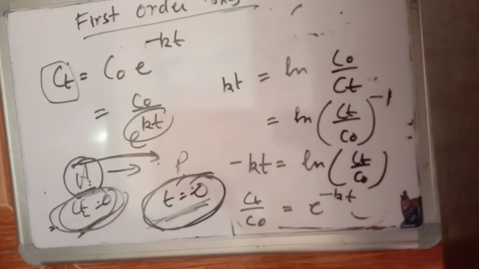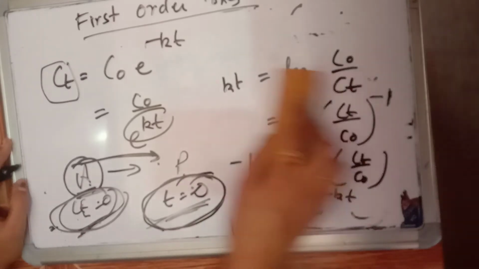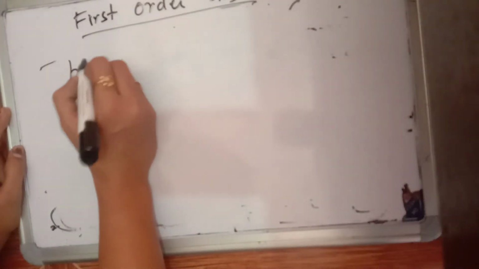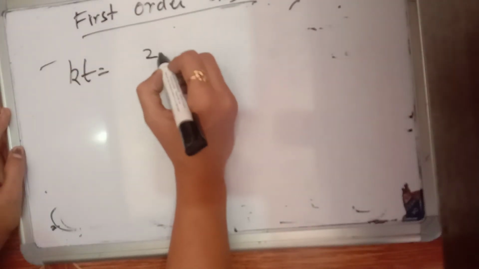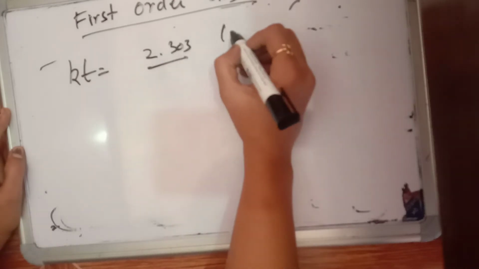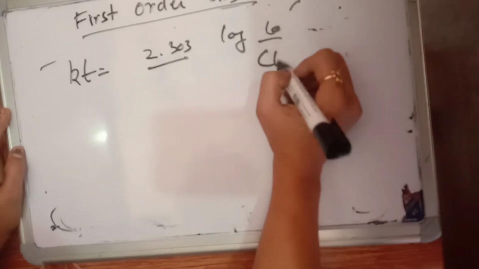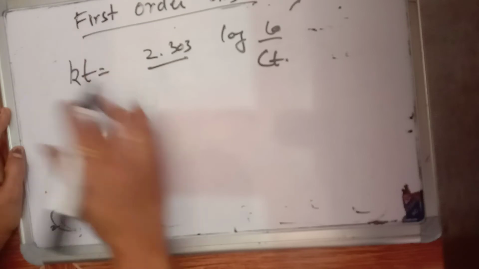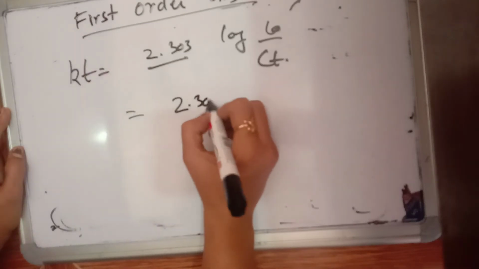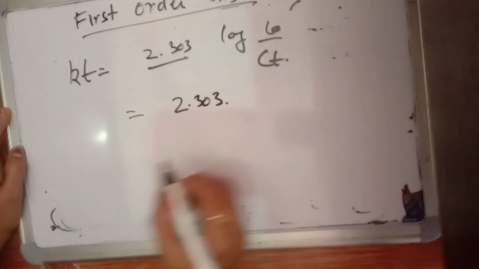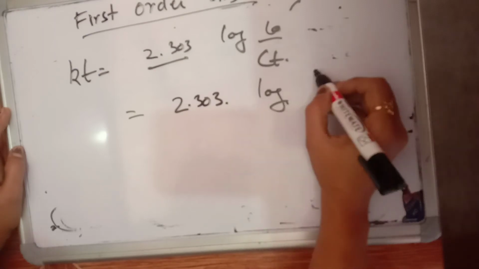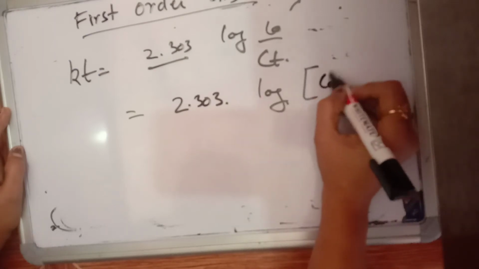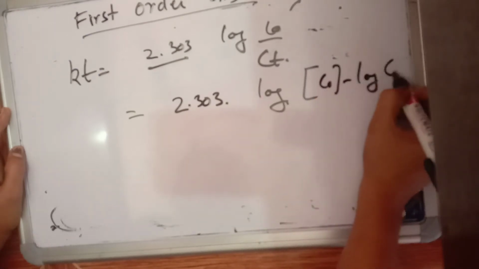So next characteristic of first order reaction is, now Kt is equal to 2.303 log C naught upon Ct, or we can write it as 2.303 times log C naught minus log Ct.